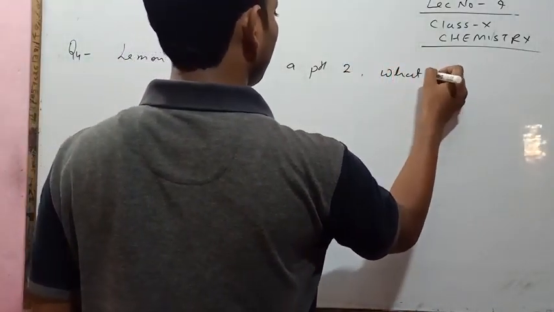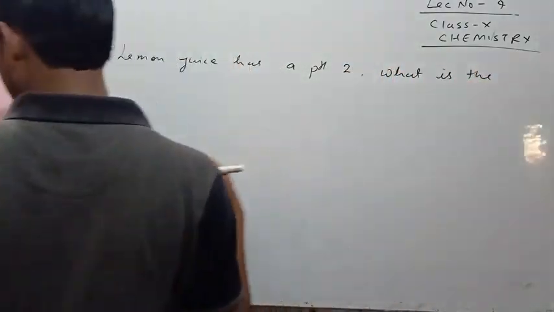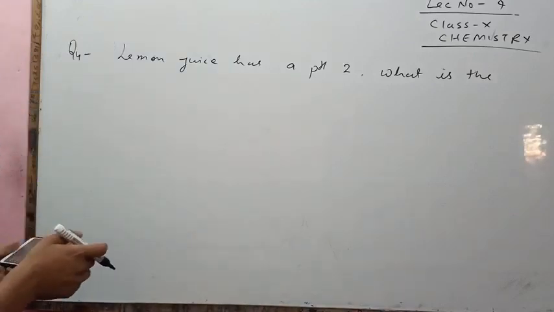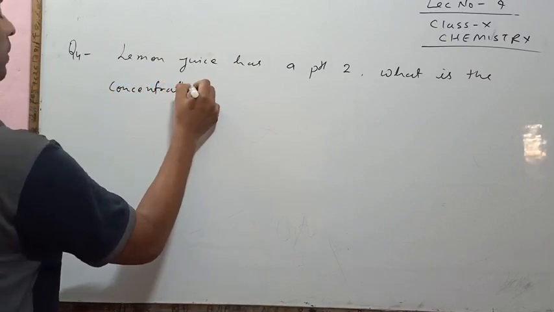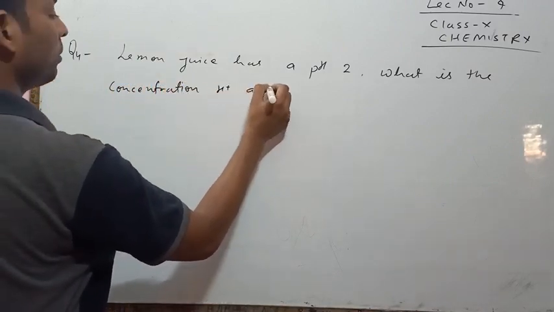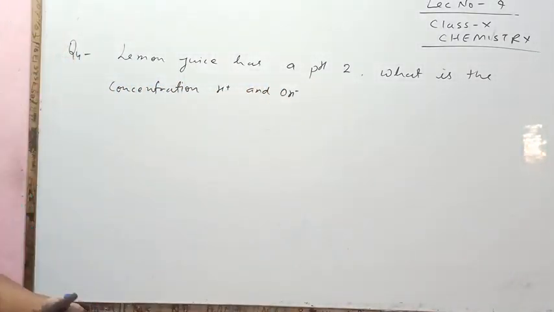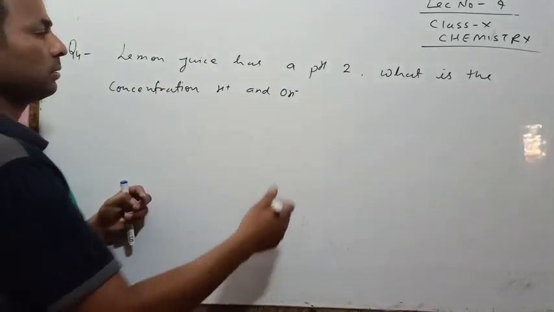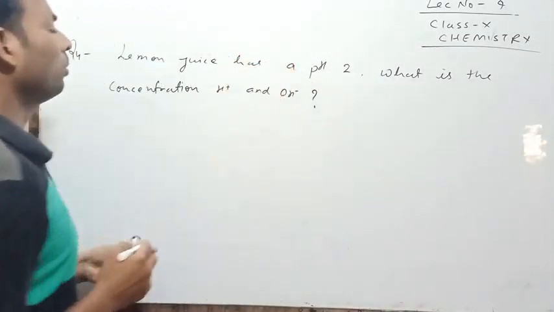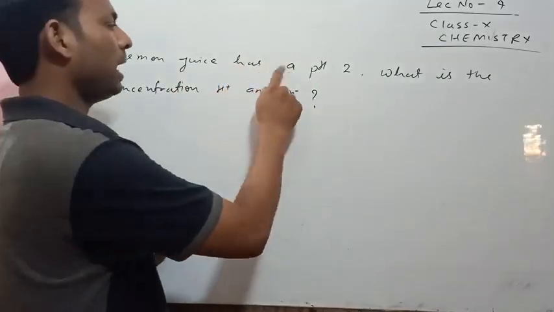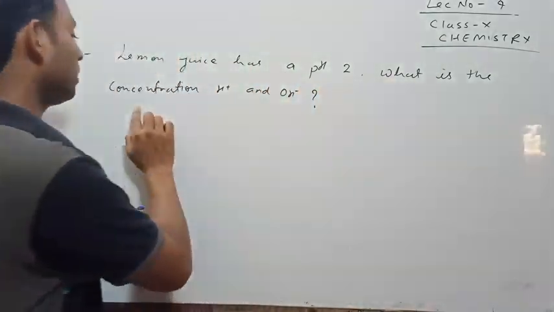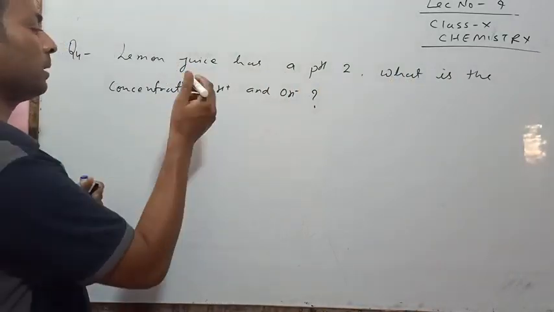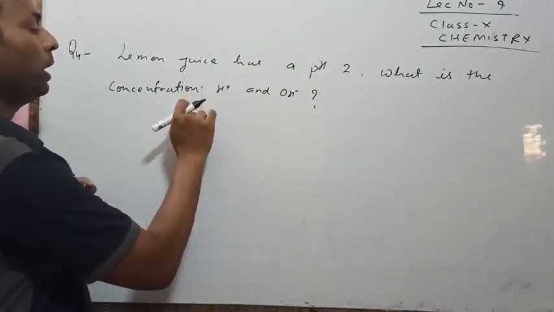What is the concentration of H plus and OH ion? Okay, look here. The lemon juice has a pH 2. What is the concentration of H plus ion and OH ion?